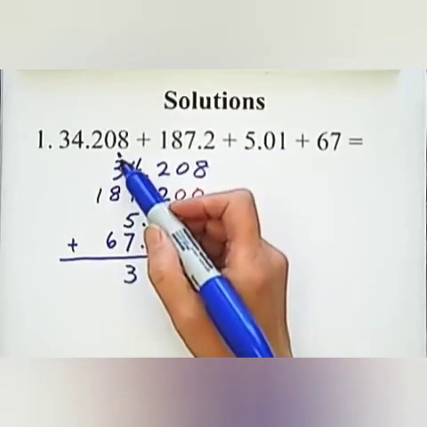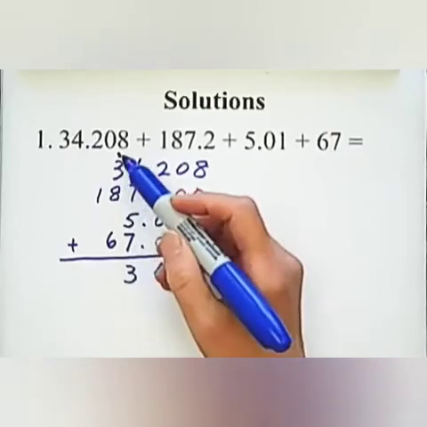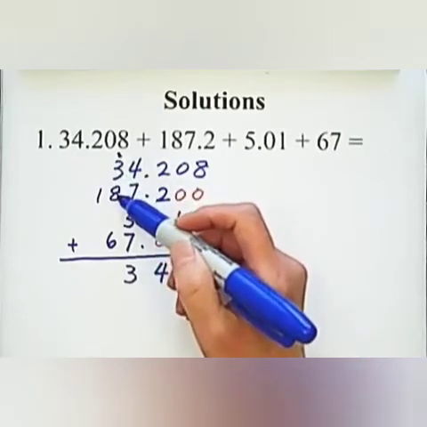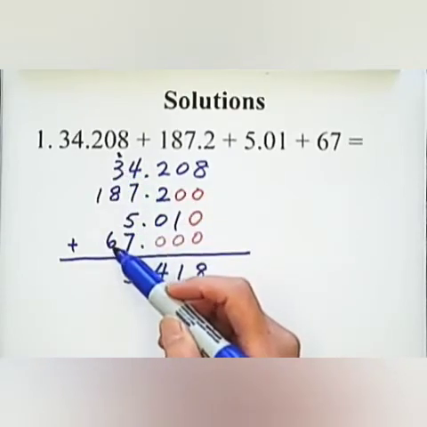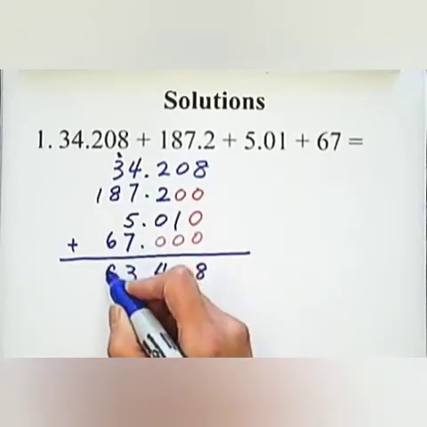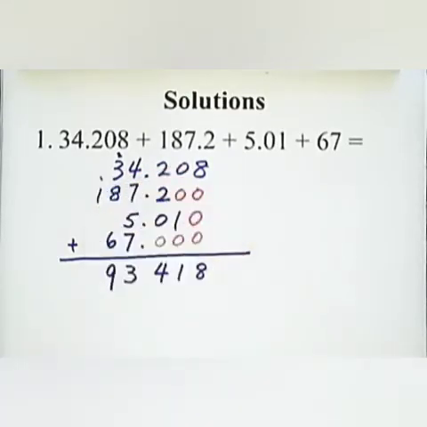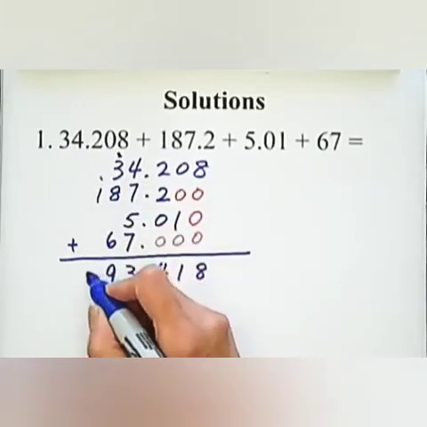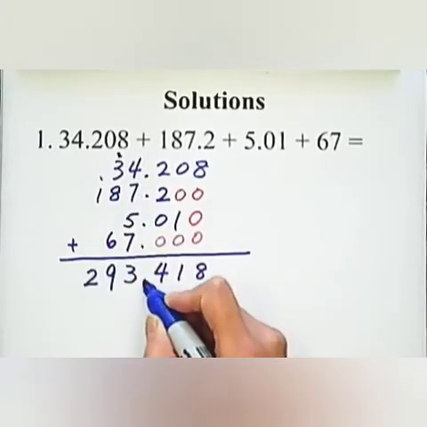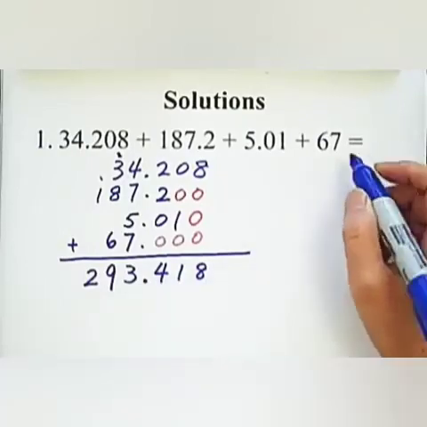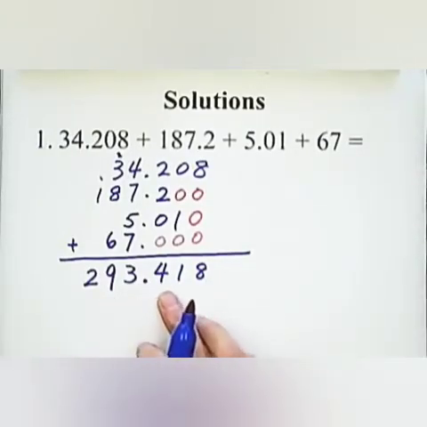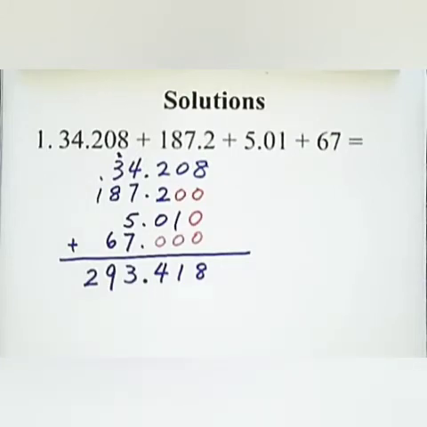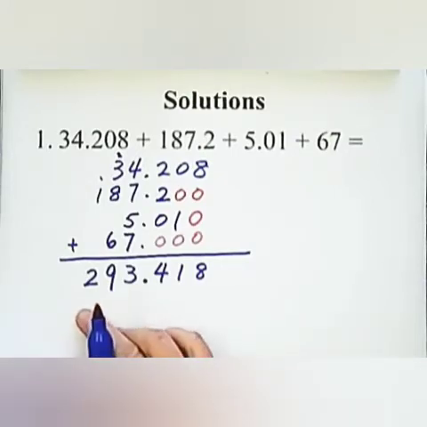And when we add these 4 numbers, we can see 2 plus 8 equals 10, then 10 plus 3, 13, then plus 6, 19. And we mark 1 here. So 1 plus 1 equals 2. The answer is 293.418. It's the first solution.